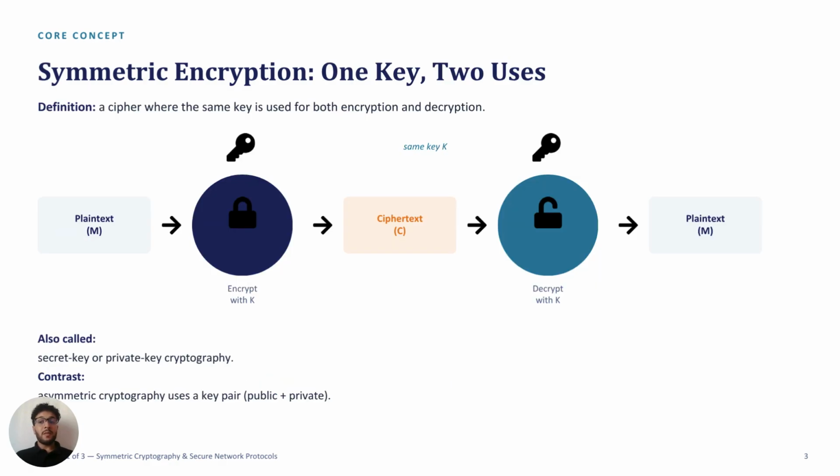Symmetric encryption is defined by one simple principle. The same key is used to both encrypt and decrypt the message. Look at the diagram. Alice has a plaintext message.